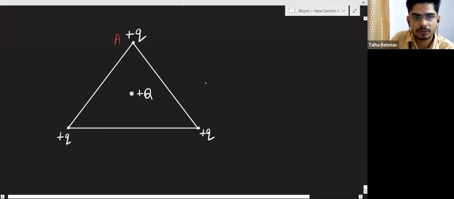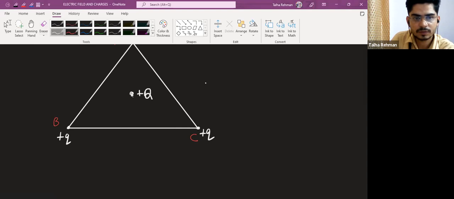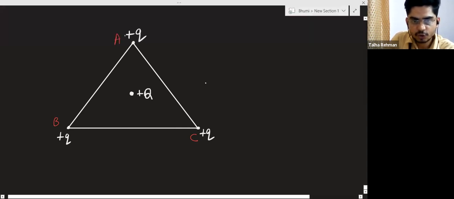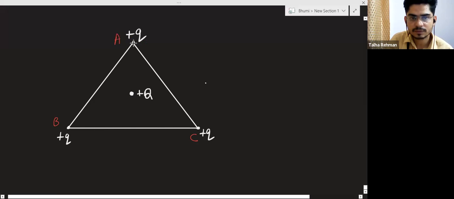This is A, this is B, and this is C. Tell me one thing. Due to this charge, the direction of force on this charge will be like this.